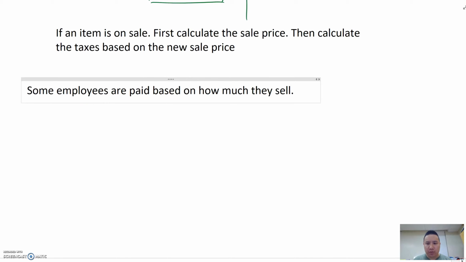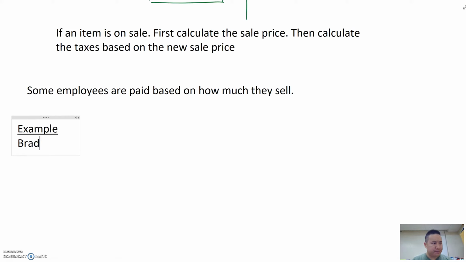So in some jobs, you get paid for every hour that you work. In some jobs, they reward you based on your performance. So the more you sell, the more you get paid. And they typically pay you with a percentage of whatever you sold.